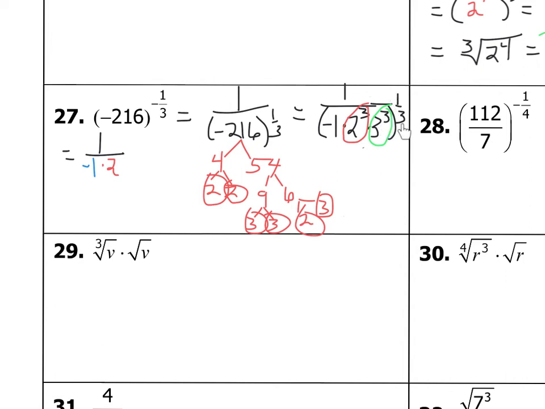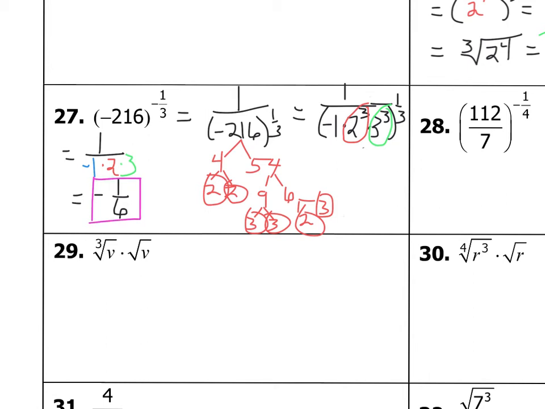So 3 times 1/3 also is 1. So times 3 to the 1st. And so our final answer becomes negative 1 over 1 times 2 times 3 is 6. And so our final answer is negative 1/6.